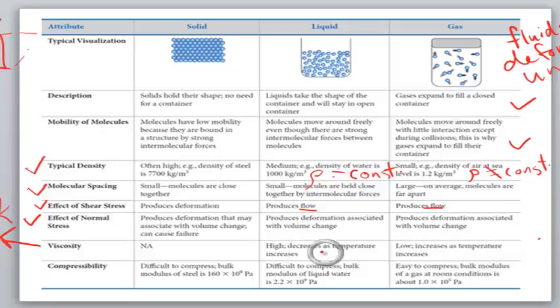Okay, so that is how viscosity behaves for liquids. You can see here for gases that it behaves in the opposite direction. So basically, the viscosity increases as temperature increases for a gas. You can think about that the next time you're speeding down the highway in your car.